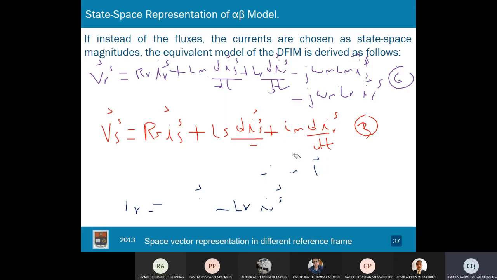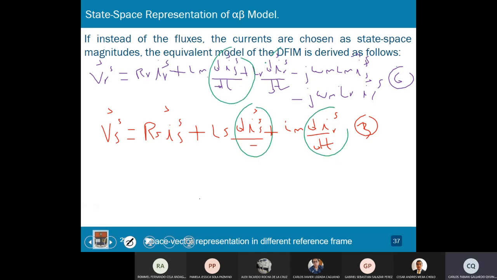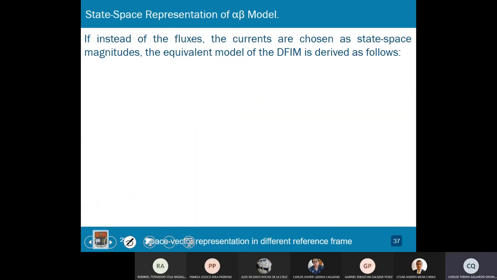I have 2 by 2 equations, and my objective is to compute the derivatives of the currents. For that, I will multiply my first equation times the rotor inductance, and my second equation times the negative of the magnetizing inductance.